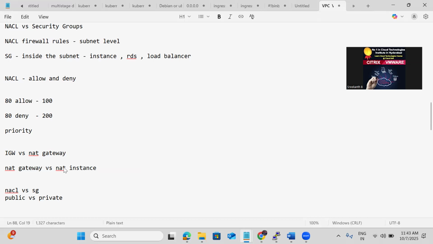If the NAT device is in the private subnet, that device itself doesn't get the internet, so it can't give it to others. That is the reason we definitely need to keep the NAT device or NAT instance in the public subnet, but attach it to the subnet which we want to make private.